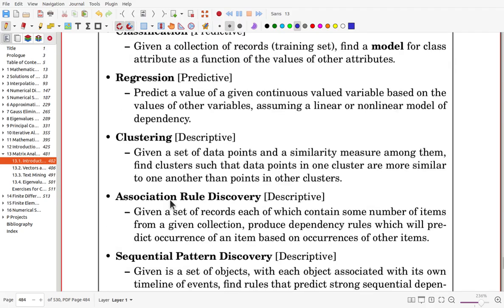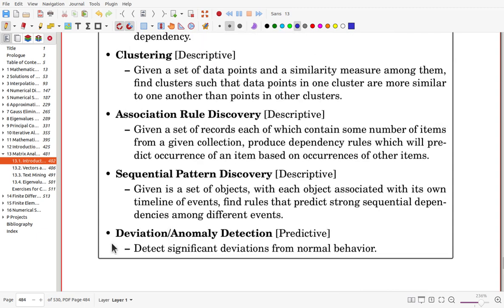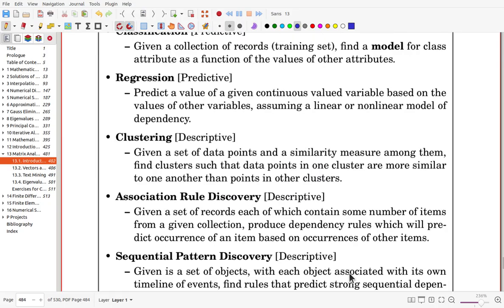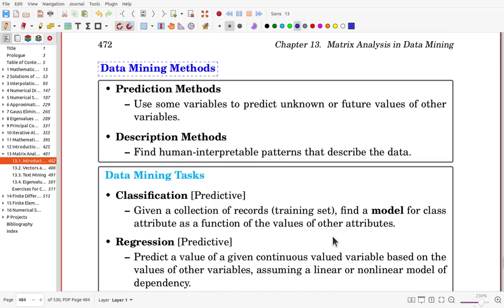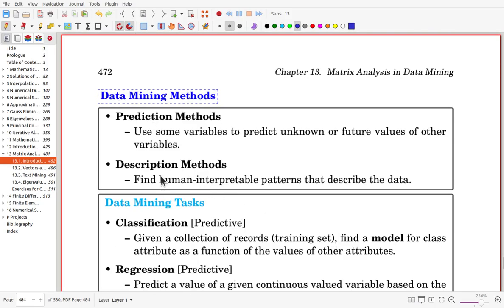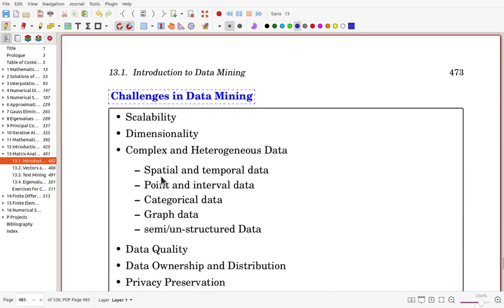And association rule discovery, sequential pattern discovery, and deviation and anomaly detection, which is a predictive model. In this way, we have many tasks in data mining, but in big categories, we have only two different methods, prediction and description.